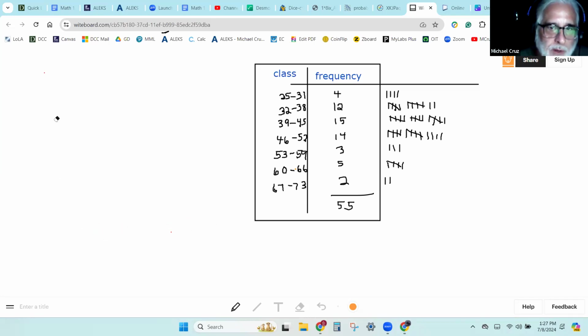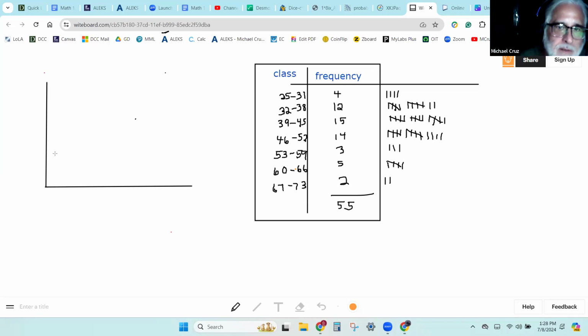There's a neat little drawing tool in the Newton where you can just take a dot and move it up, and that tells you where to put things. So it's not nearly all the trouble I'm showing you, but I'm going to go ahead and create a histogram. And what we have here, let's see, 1, 2, 3, 4, 5, 6, 7 classes.